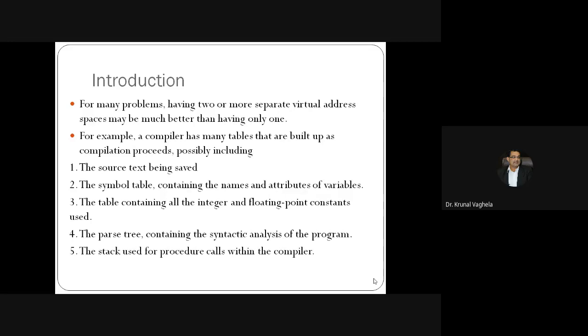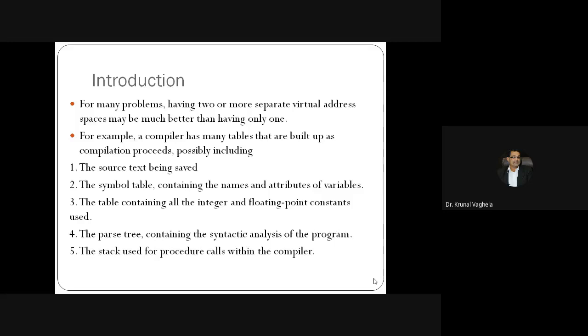Number 3, the table containing all the integer and floating point constants which are used. Now, I will not explain here what is a variable and what is a constant, right? So all the integer and float constants will be stored in a separate table. So compilation is nothing but, as you can see from this example, decomposing your program into different parts.